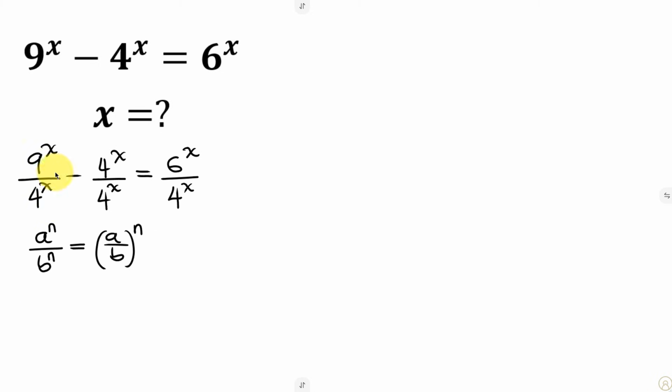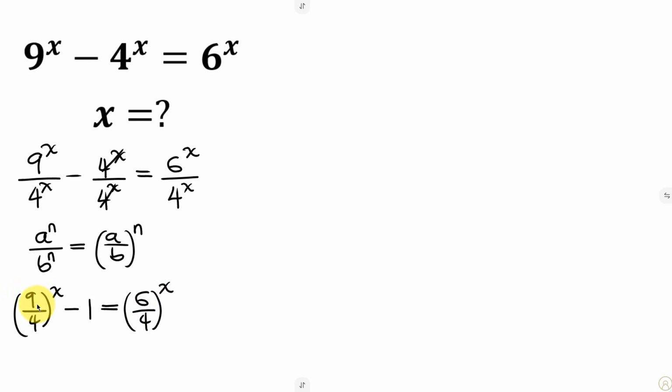So this becomes 9 over 4 all raised to the common power of x, minus this 4 to the power of x divided by 4 to the power of x is 1. So I'm going to be putting 1 here, equal to, now apply the law here. This becomes 6 over 4 all raised to the common power of x.